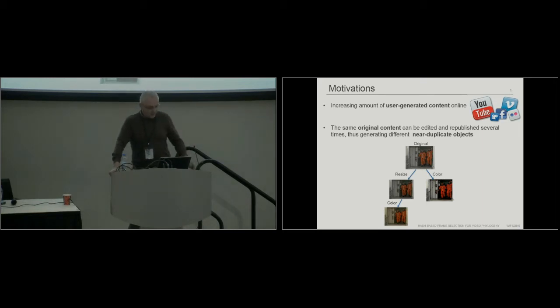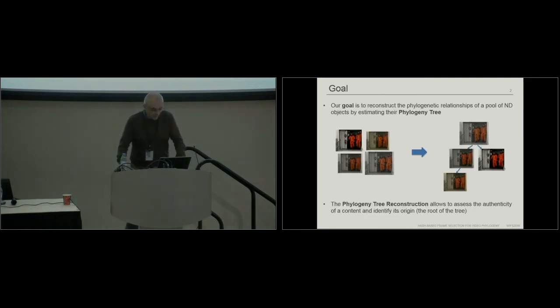Moreover, the same video content can be edited and republished several times, creating what is called a group of near duplicated objects, or near duplicated videos. There is a relationship between the objects in this block of near duplicated objects, in the sense that there is a father of all the objects, the original content from which all the other videos have been created, and a series of connections that illustrates the history, the evolution of the object from its origin to create the entire set of videos that constitute this group of near duplicated videos.